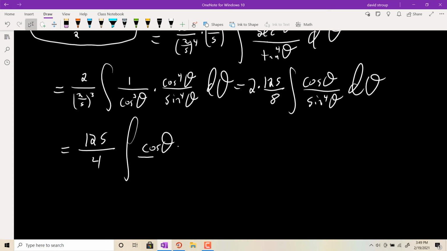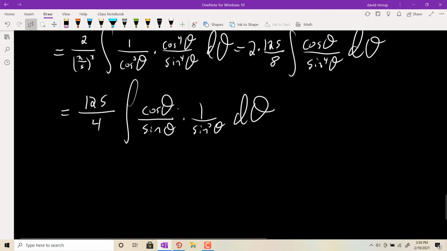How about maybe going cosine over sine times 1 all over sine cubed, maybe? Maybe that works. Okay, what do we have then? 125 all over 4. That would be like cotan times cosecant cubed. I don't want to go on that route, but I think I may have to.